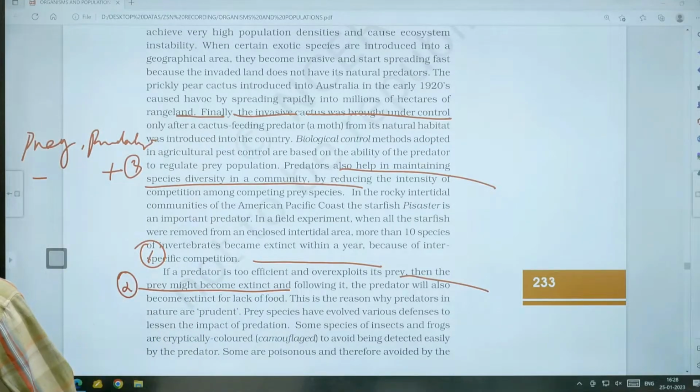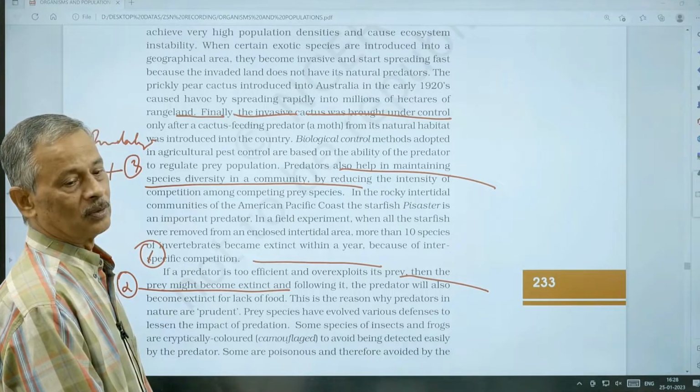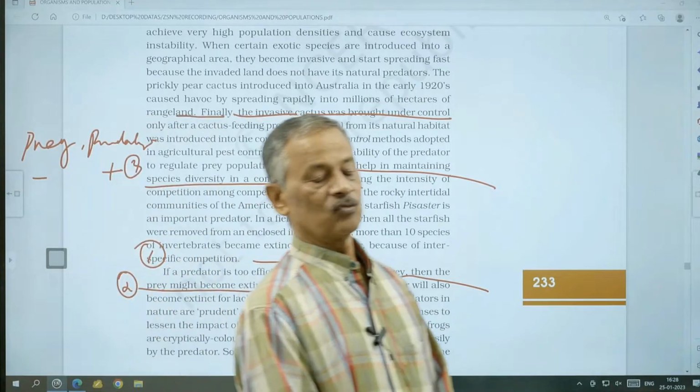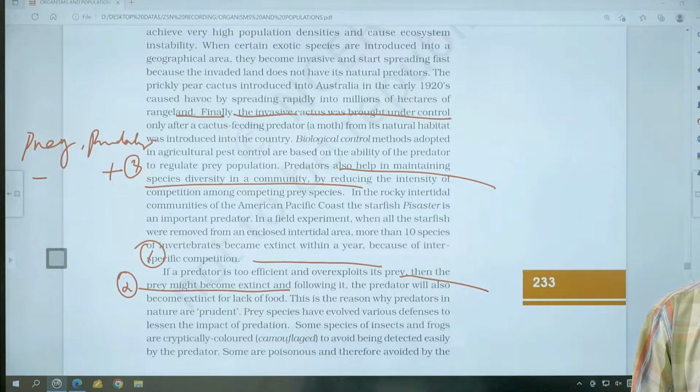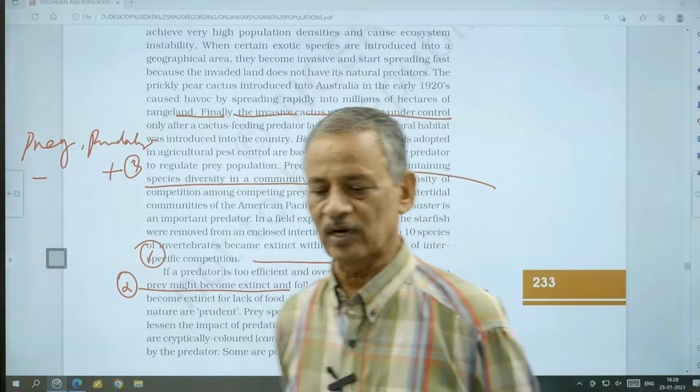And the fourth important feature is that predators are too prudent. They will never kill for fun, because the predators know that when the prey population is destroyed, they themselves will suffer at last. Okay, they have to suffer at the end.